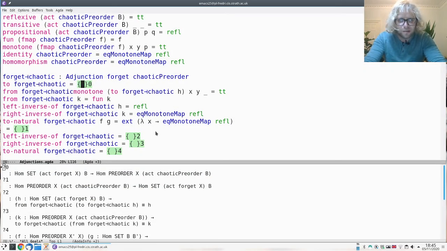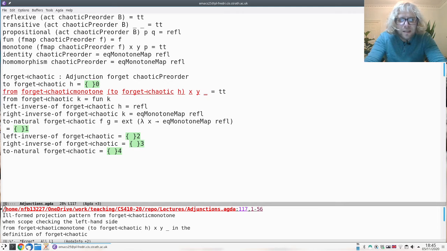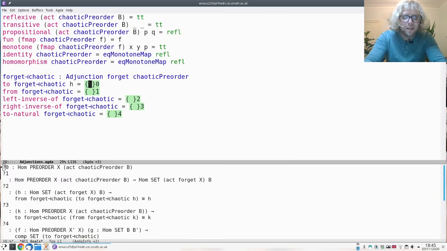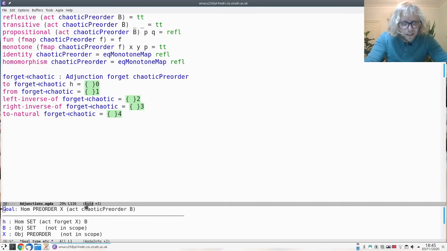So here's to, from top to bottom. So I get given some h. Let's see what happened here. I pasted something in which I shouldn't have. Here I get given some h, which is a set function from the forget of x to b.